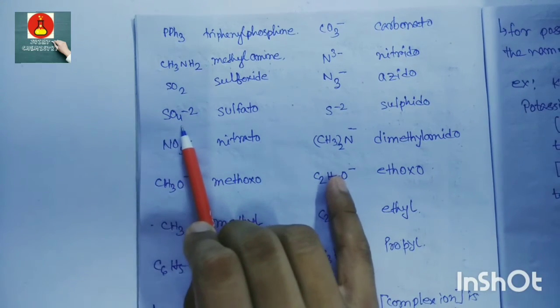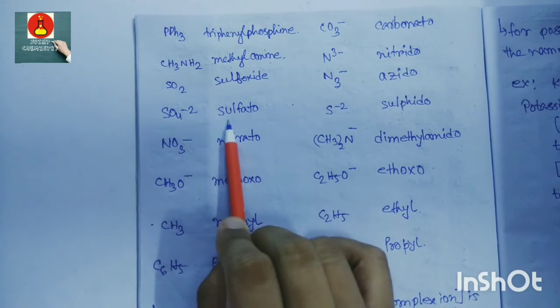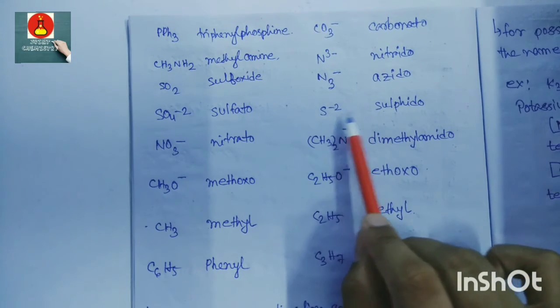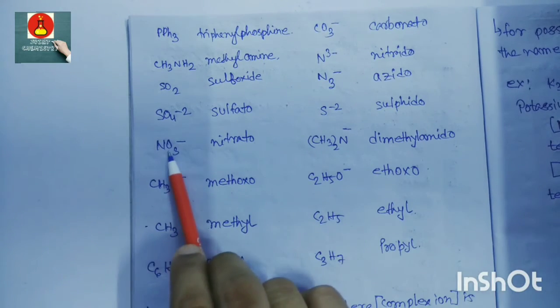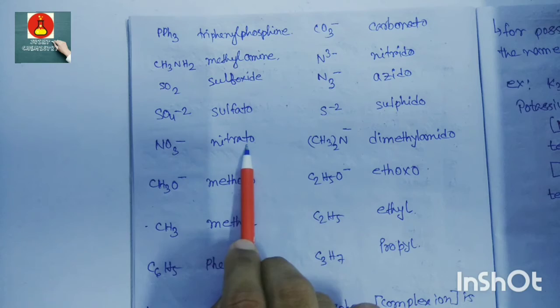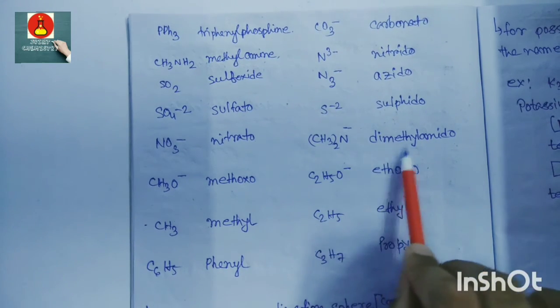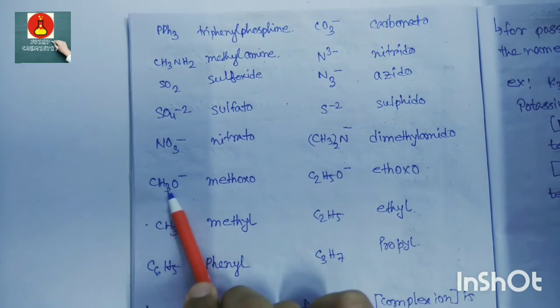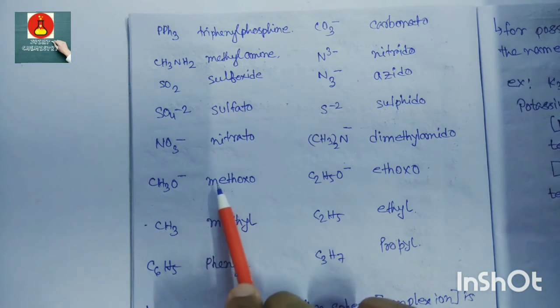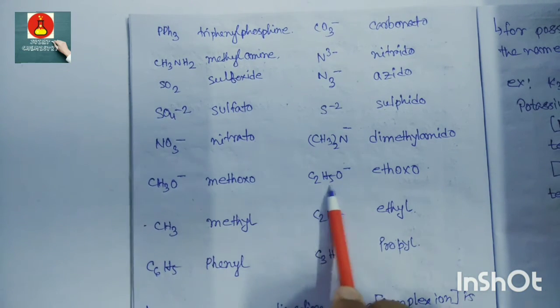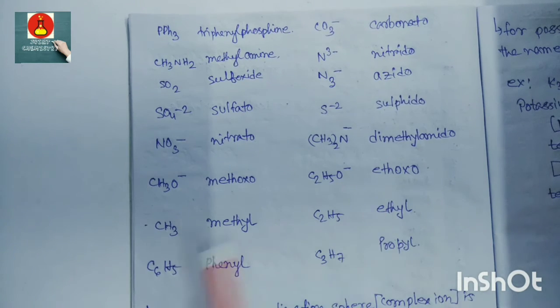For SO4 2-, it is sulfato. S 2-, sulfido. NO3-, nitrato. (CH3)2N-, dimethylamide. CH3O-, methoxo. C2H5O-, ethoxo.